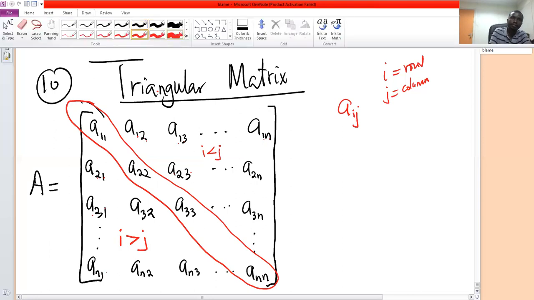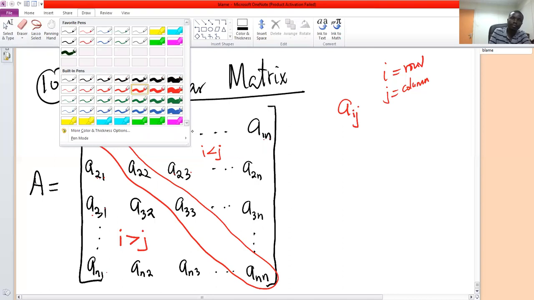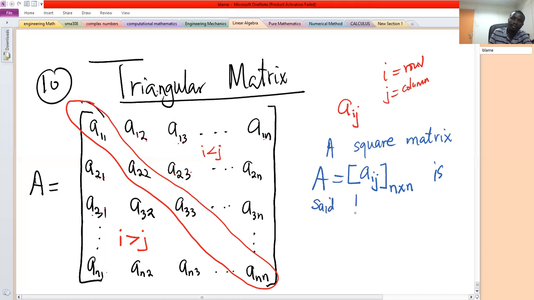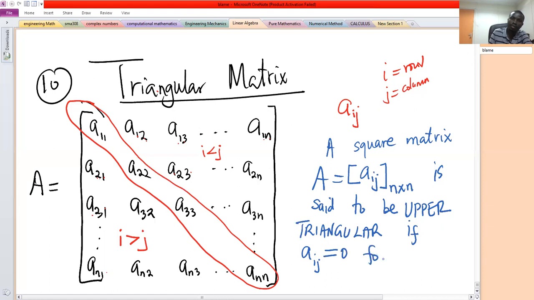So a square matrix A given by Aij, which is a matrix of order n by n, is said to be upper triangular if Aij equals 0 for all i greater than j.